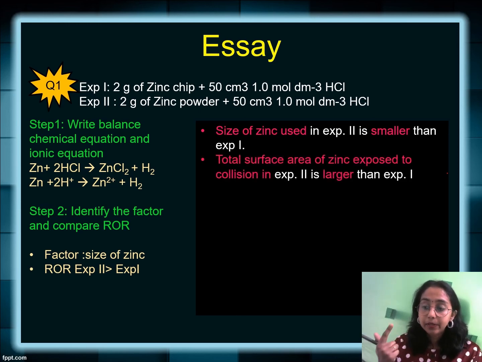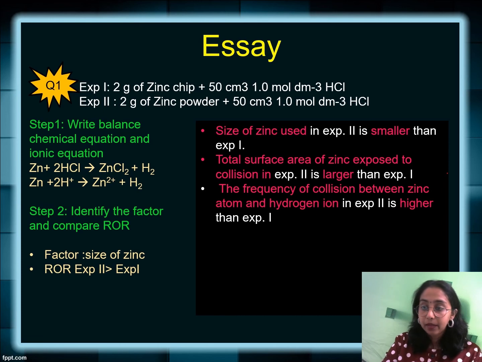Then second point, please relate to the intermediate point regarding the size. When we are talking about size, we have to relate to the total surface area. So we have to mention that the total surface area of zinc exposed to collision in experiment 2 is larger than experiment 1. And thirdly, you talk about frequency of collision.